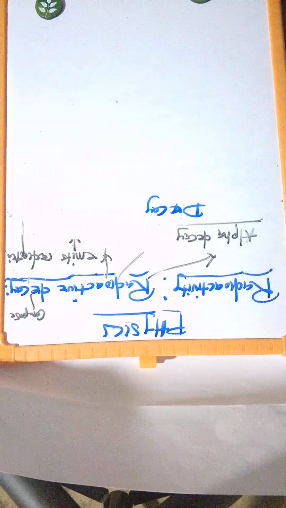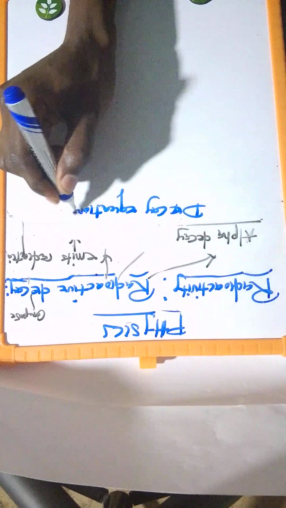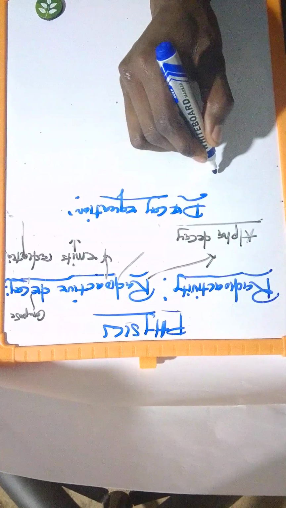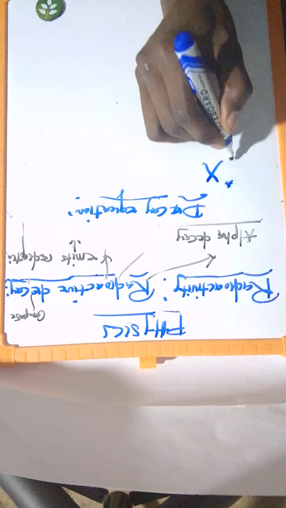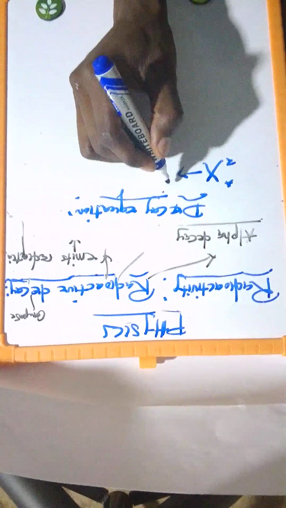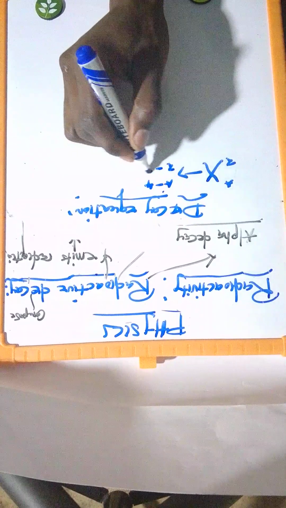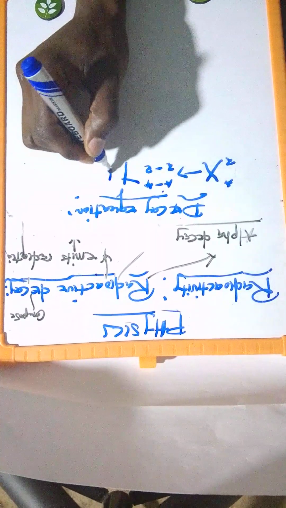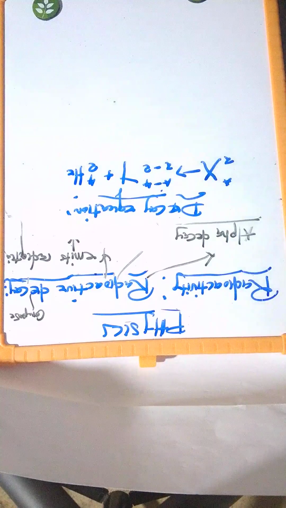For the decay equation, if we have an element X with mass number A and atomic number Z, it becomes A minus 4, Z minus 2, giving us a new element called the daughter, plus 4, 2, the helium particle.